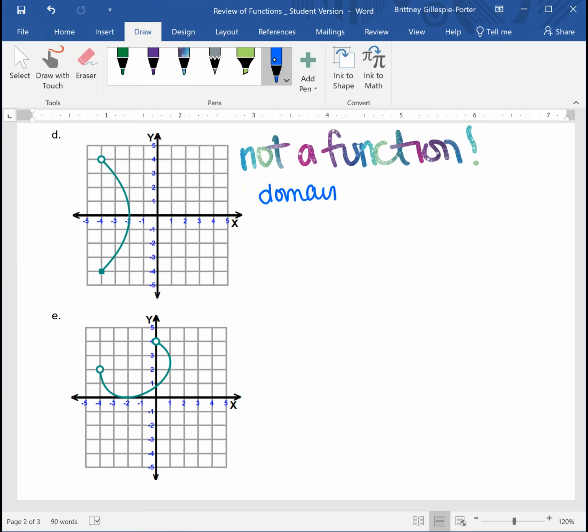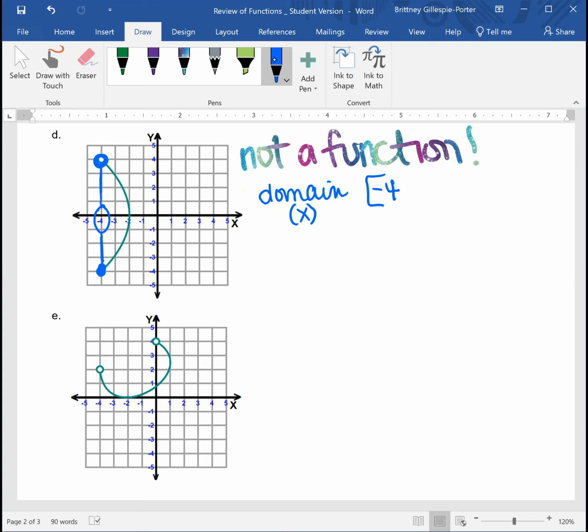Remember that your domain is your x values. So if we're reading from left to right, we're looking for smallest to largest, we start having ordered pairs at x equal to -4. We may not be able to include -4 from that top piece because it's an open circle, but in the bottom piece, we do have a closed dot, which means that we can have a bracket on -4.